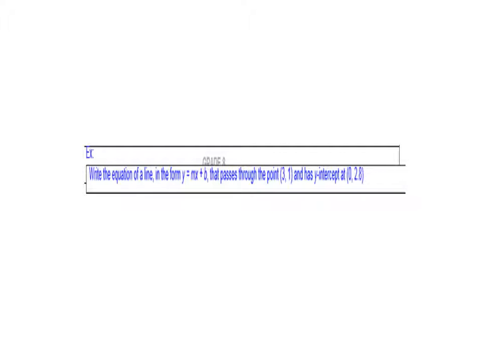Now we have an equation of a line, and it's going to pass through 3, 1, which is the same point as the other one, but this one is going to give us a y-intercept. So go ahead and stop the video and see, and let me make this clear so you can see this is 0, 2.8.